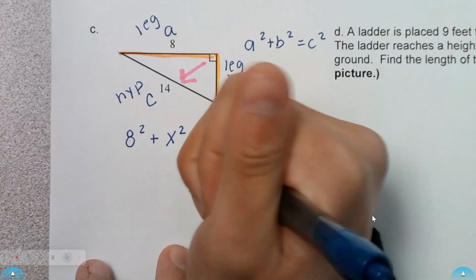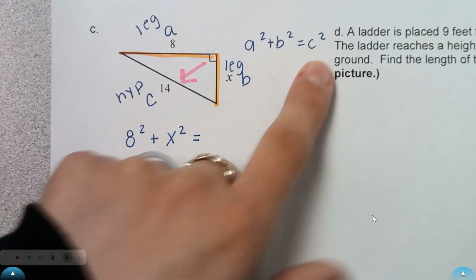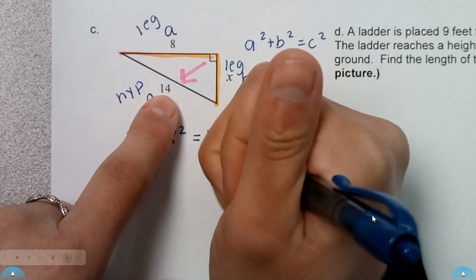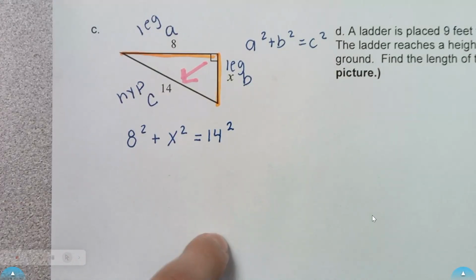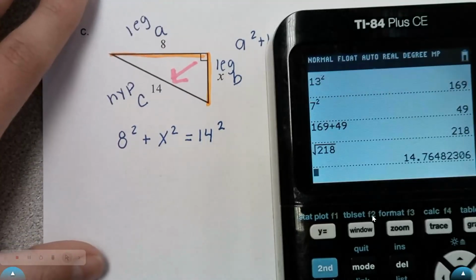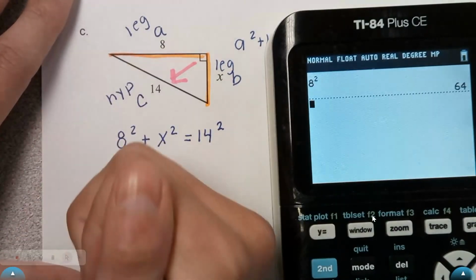Okay, equals, and then I have my c squared. C is being represented by the number 14. So this is 14 squared. Okay, I'm going to plug that into my calculator and figure out what those numbers are. So 8 squared gives me 64.